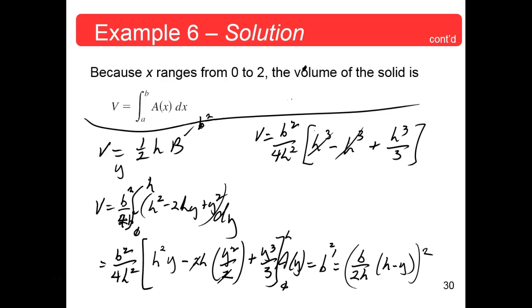And it's kind of what I had at one point, except I had an over 2 in there that may have been throwing me off. Maybe I didn't need that, except they introduced it someplace later, so maybe I was okay. So b prime was b over h times h minus y. That would have made things a lot simpler. And the area of that was just b prime squared, which is b squared over h squared times h minus y squared.